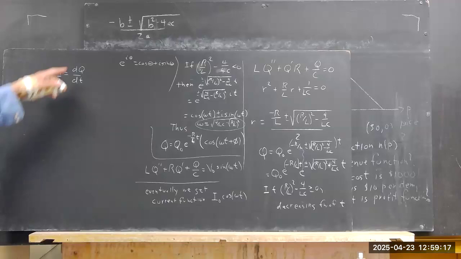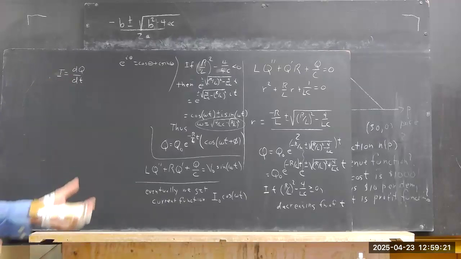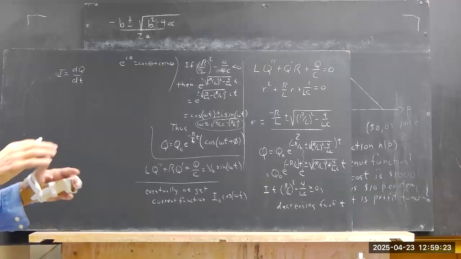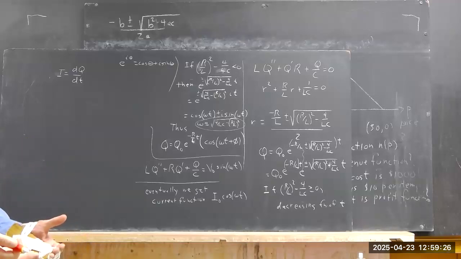Your current function is the derivative of your charge. Current's the rate at which charge is being moved from one plate of the capacitor to the other.